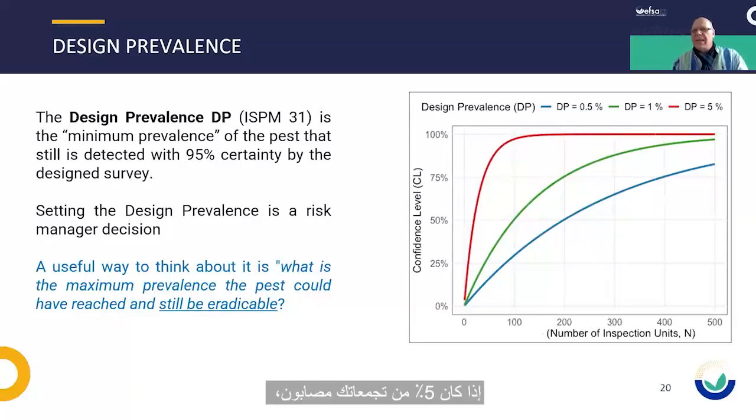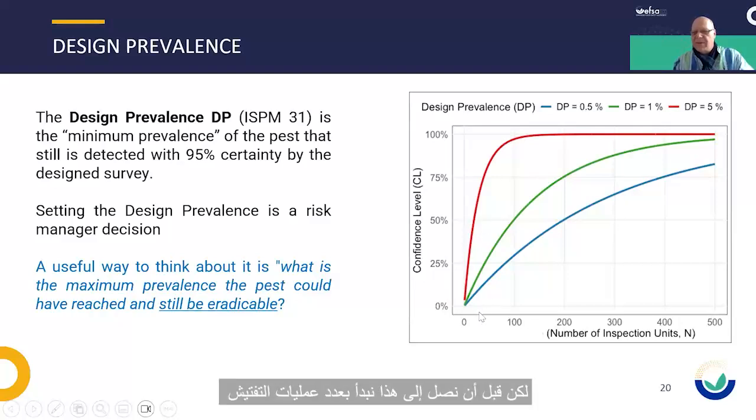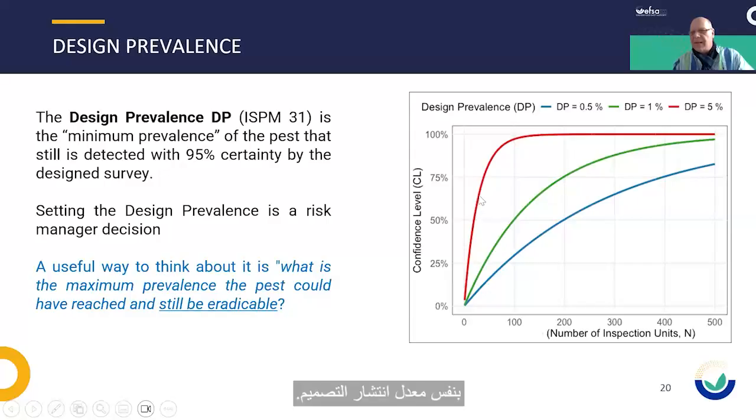So if 5% of your population is infested, then you will detect this with 95% probability. But before we come to this, we start with the number of inspections on the x-axis and raise their amount from 0 towards 100. And you see how the confidence level with the same design prevalence is already rising.